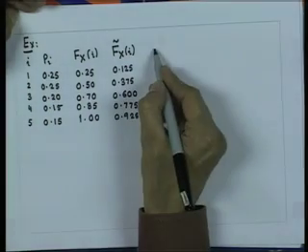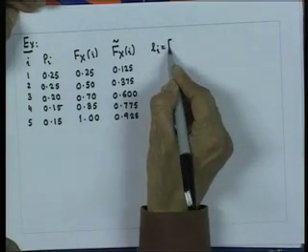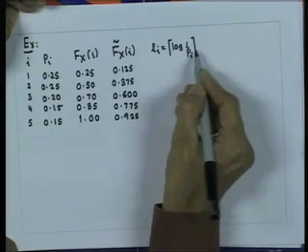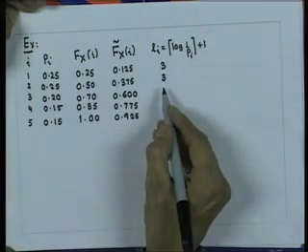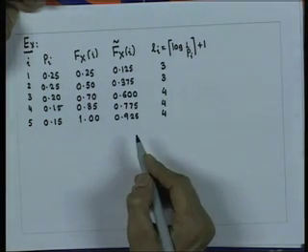Now, if we look at the length, which is given by the ceiling of log of 1 by pi, plus 1, this comes out to be 3, 3, 4, 4, 4.